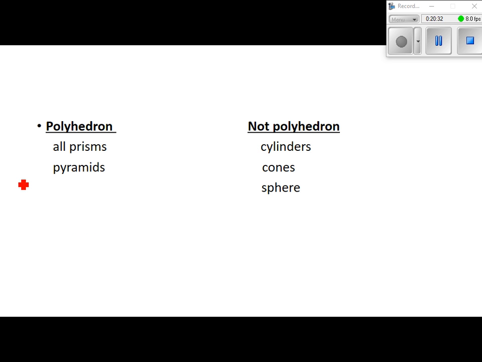All prisms and pyramids are polyhedrons. On this, all faces must be polygons.